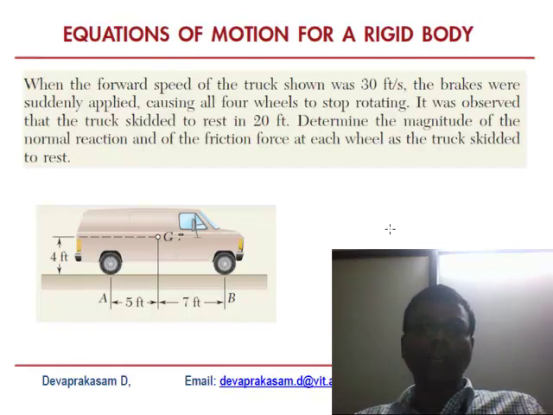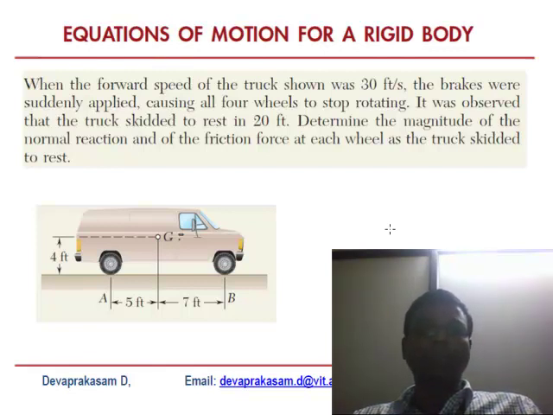The question here is to determine the magnitude of the normal reaction and the friction force at each wheel as the truck skidded to rest. So here the kinetic friction is involved, and there is a normal force. There are four wheels, but because it's plane motion of a rigid body, you can consider a two-wheel system, and finally divide that force because it's symmetrical, where G is the center of mass, center of gravity.